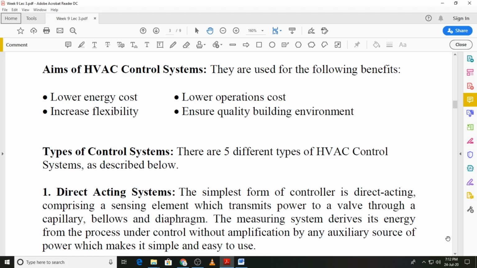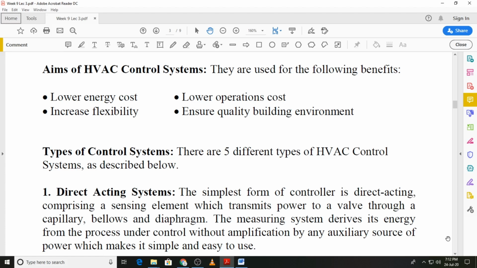So lower energy cost and lower operations cost, increased flexibility, and definitely assuring the quality inside the conditioned environment. These objectives are all fulfilled by using a proper HVAC system.